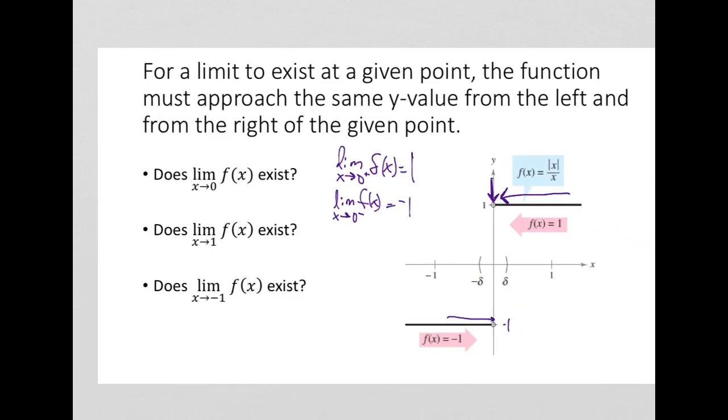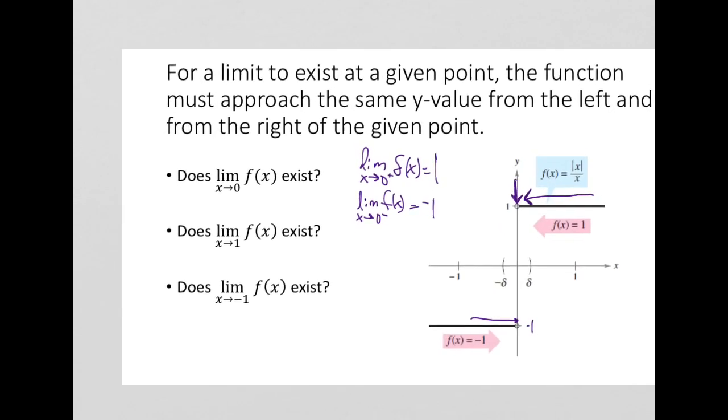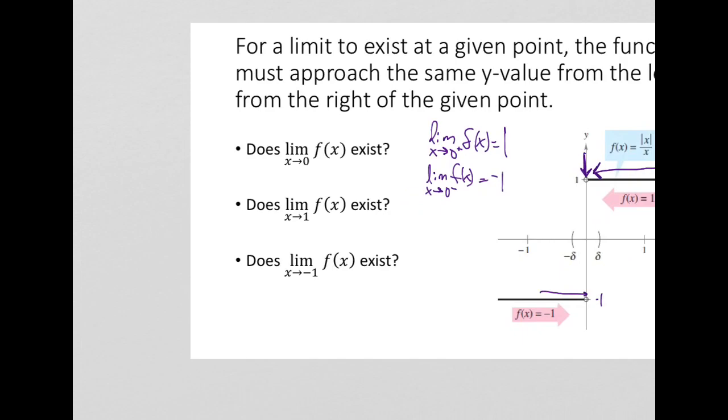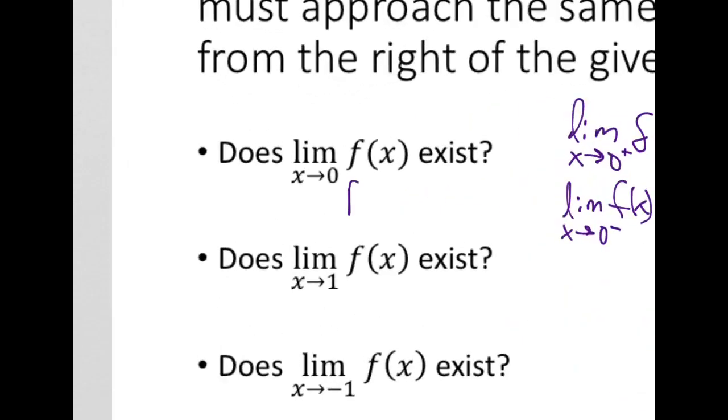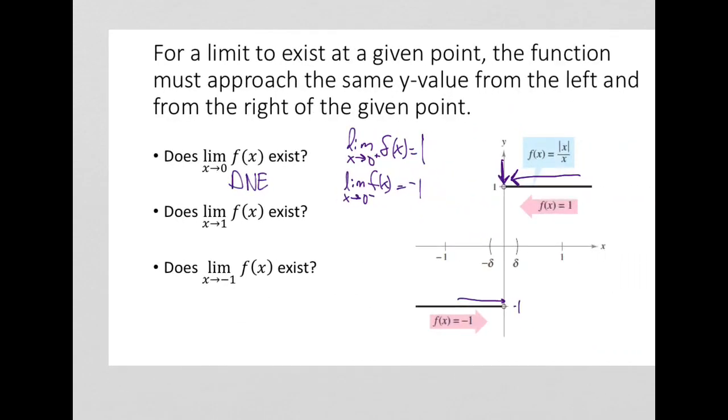Notice that the left-handed limit and the right-handed limit are different. From the right, I'm positive 1, and from the left, I'm negative 1. Therefore, my limit does not exist. So I can say the limit does not exist. And for a limit to exist, the limit from the left and the limit from the right have to both exist and be the same value.